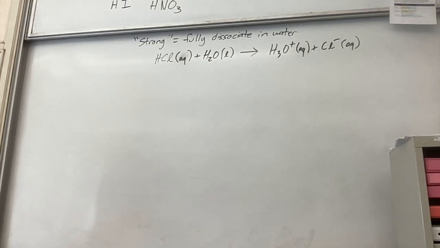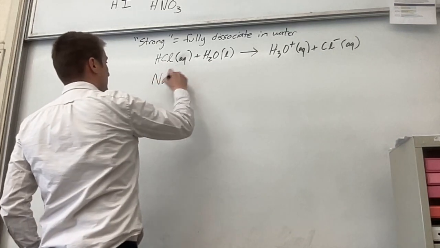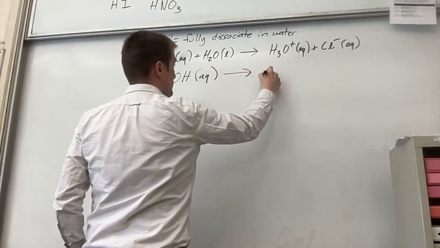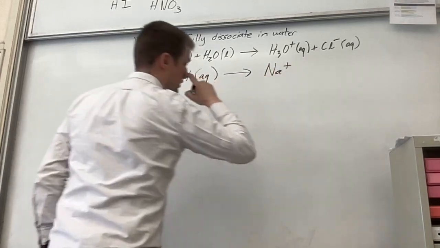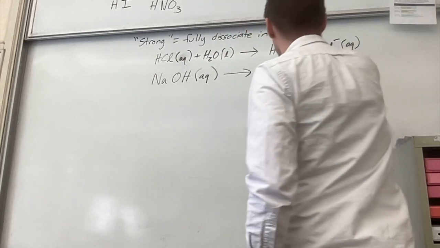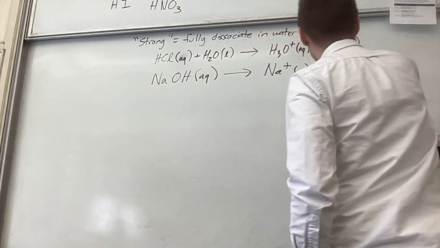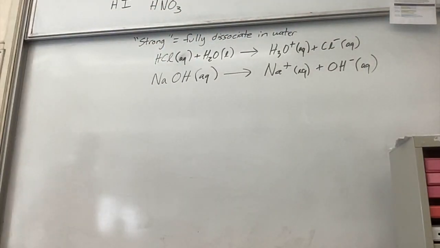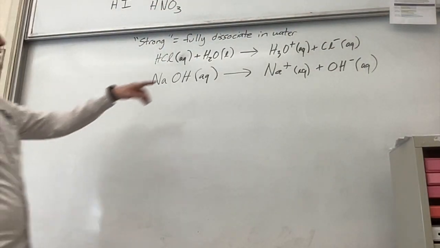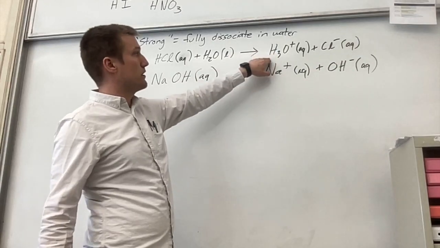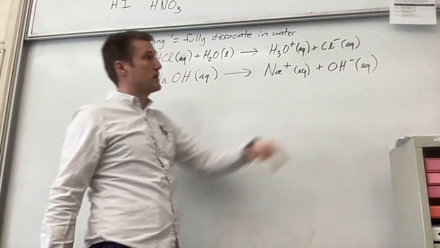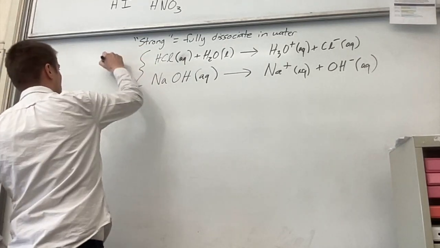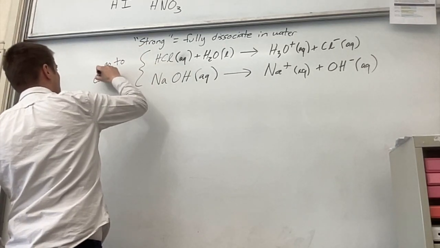And a strong base, similarly, NaOH, for example, aqueous, would go to completion and dissociate into the sodium ion, aqueous, and then all your hydroxides would become aqueous. And so this part makes the strong acid an acid, this part makes the strong base a base. In solution, we would say these go to completion.